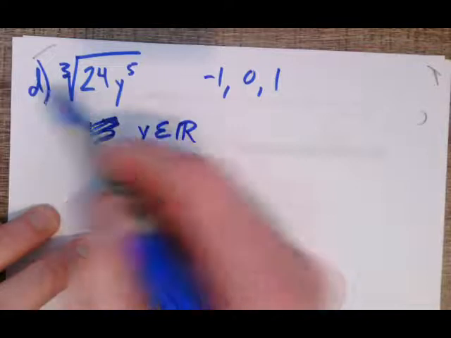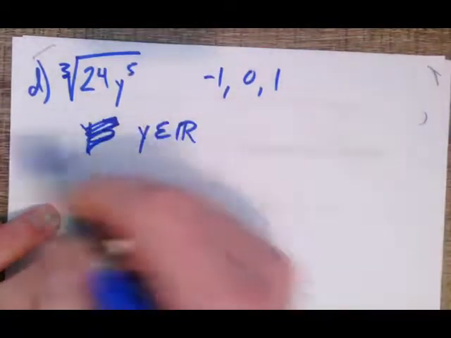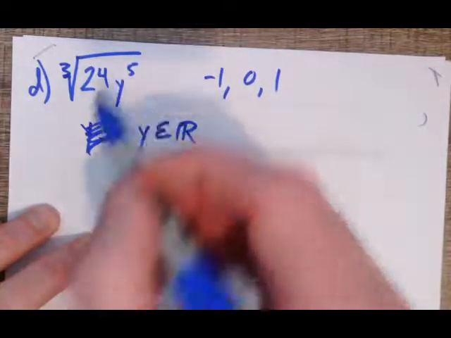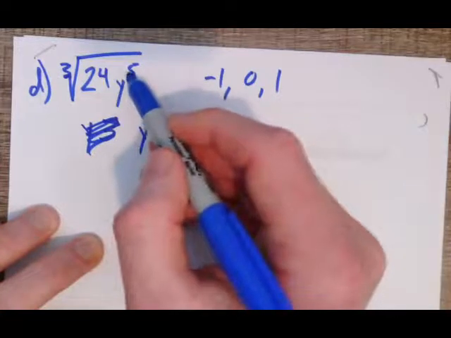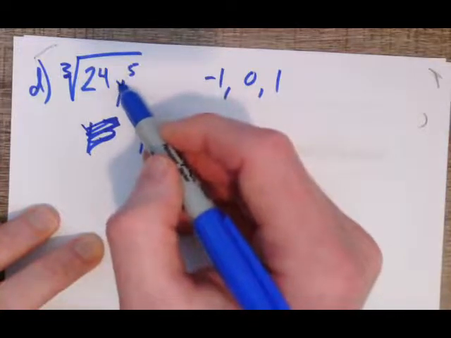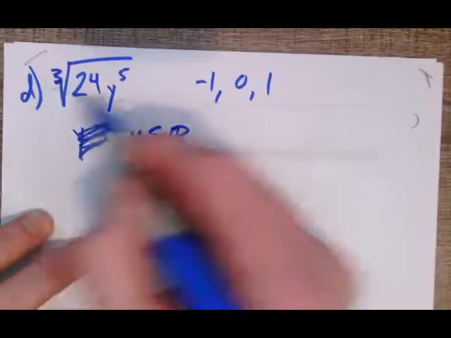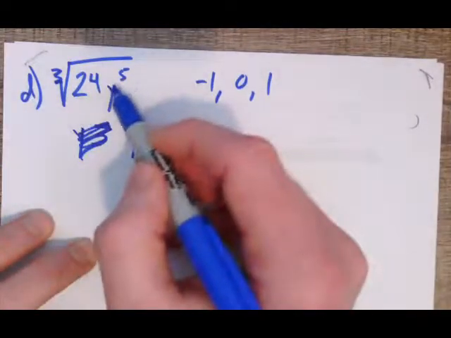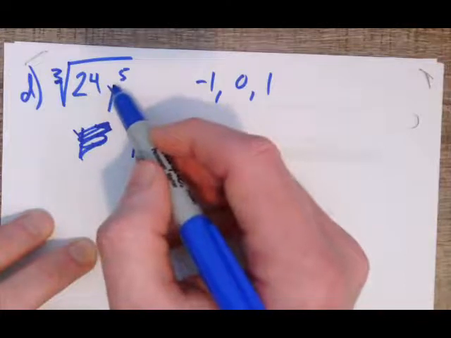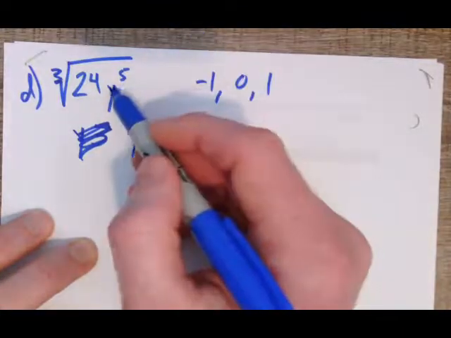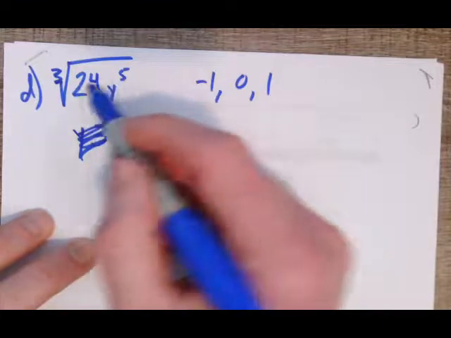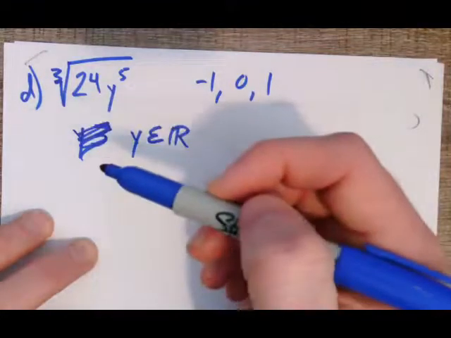You can actually take it out. Like when we simplify this, that's what I was saying. If this is -1, we can take 3 of them out because it's the cube root, because it's odd. We can take 3 of them out, and then if it's y squared left inside, and it's -1, -1 times -1 takes care of it. And of course, 0 and positive, we have no issues with that because this is positive in front.